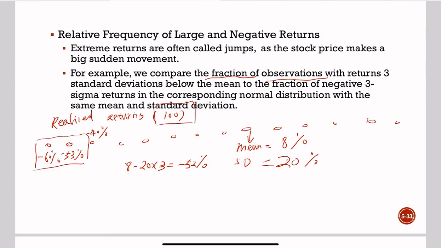So let's call this the below 3 sigma return percentage. Of course, this sigma here refers to standard deviation. So it is given by 2 divided by 100, which is 2%.